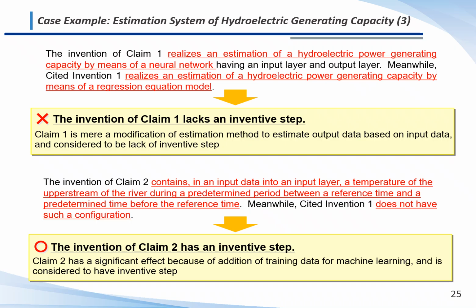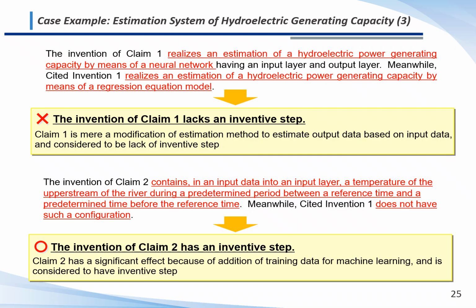Further, a person skilled in the art would expect the effect of the invention of Claim 1, and there is no obstructive factor found in applying the well-known art to cited invention 1. In conclusion, the invention of Claim 1 is determined to lack an inventive step.